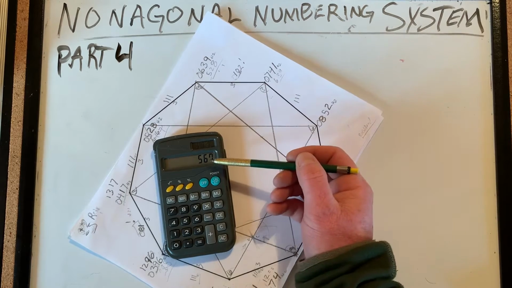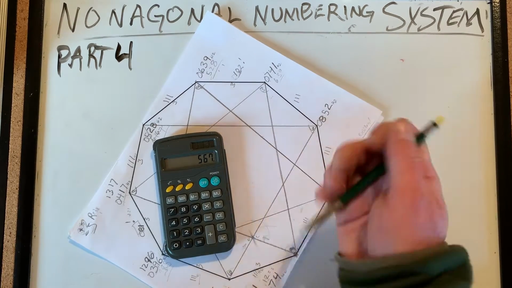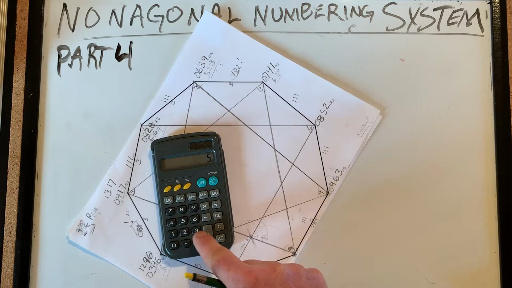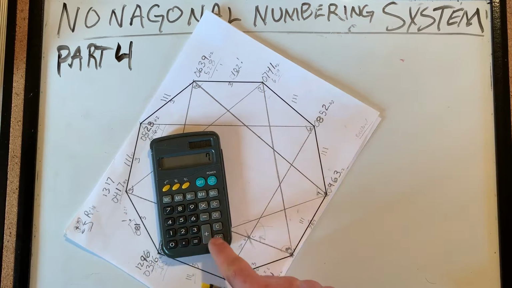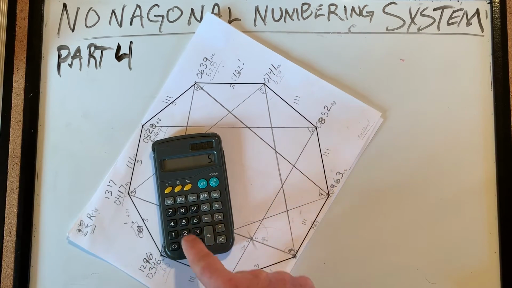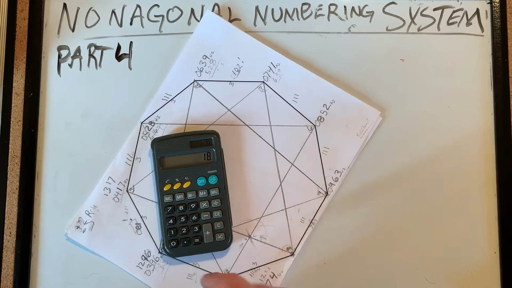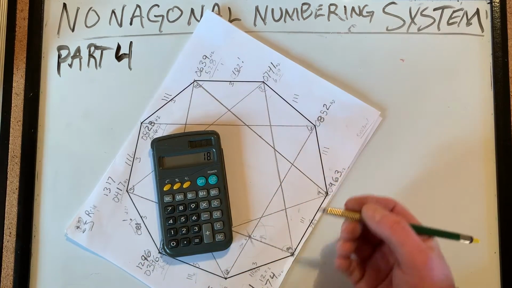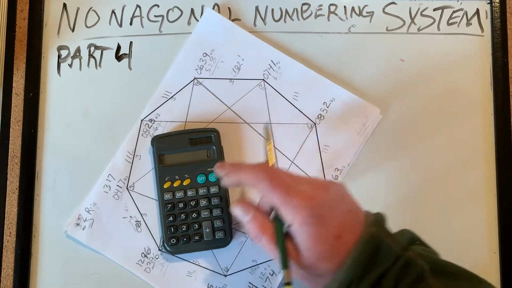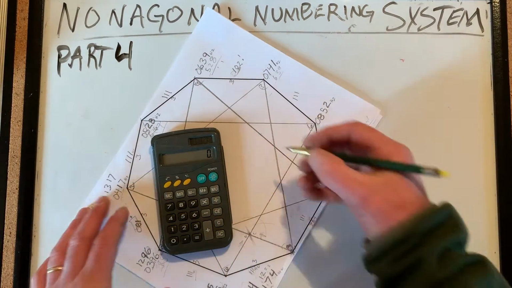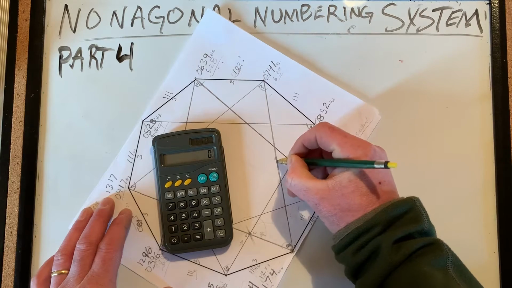So we get 5 plus 6 plus 7, which equals 18, right? 8 plus 1 is 9. So you can see all of these make up a 9.